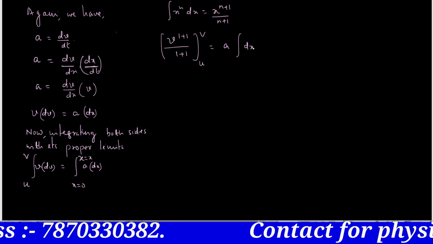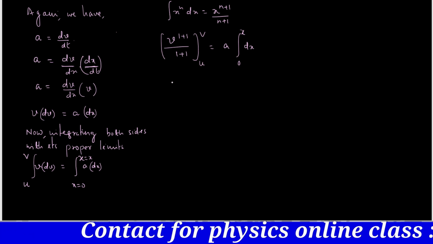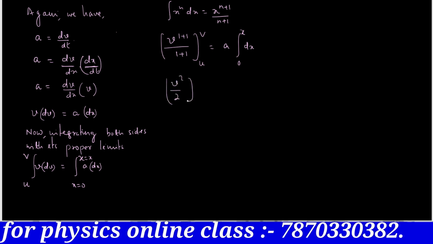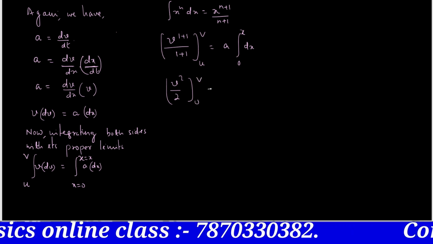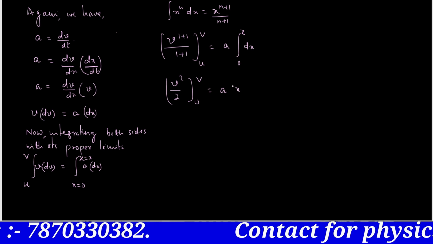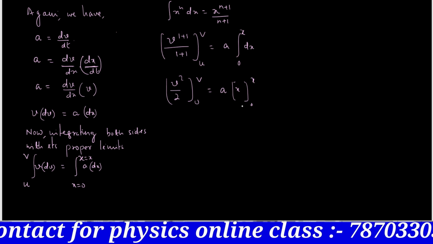So v squared by 2 from u to v equals a times x from 0 to x.